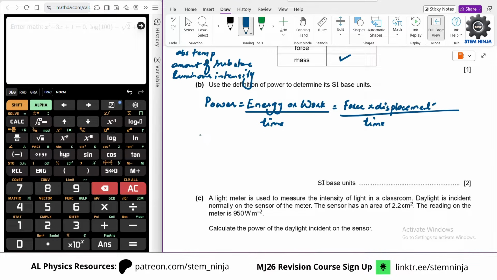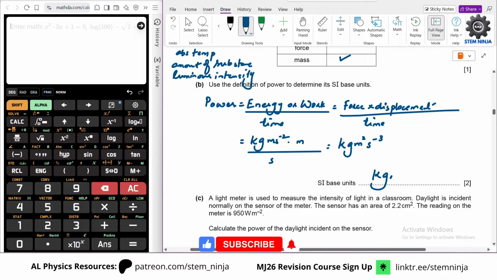Force units are in kg meters per second squared, because this is ma, times displacement in m, divided by time in s. So this becomes kg m² s⁻³. Right, so let's write it: kg m² s⁻³.